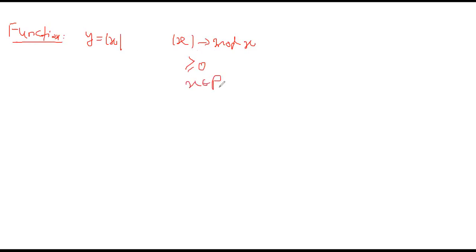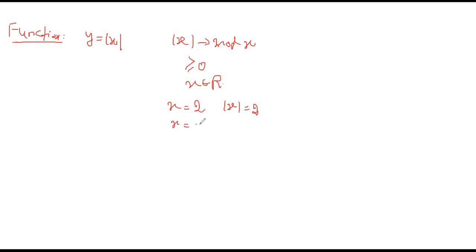Now take one more example of function. Y equal to mod x. You know about the mod x? This is known as mod x, M-O-D. Mod x. It means it will be always greater than or equal to 0 for x belongs to R. For example, if you take x is equal to 2, mod x will be 2.